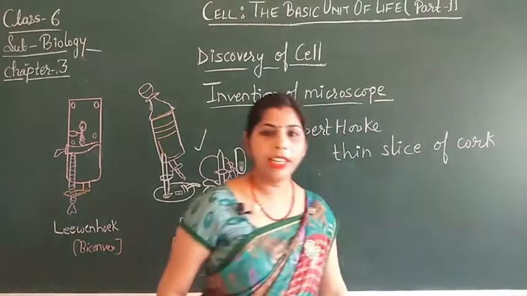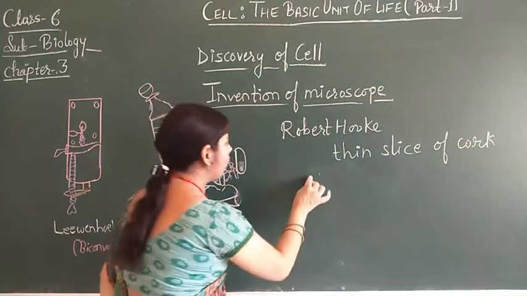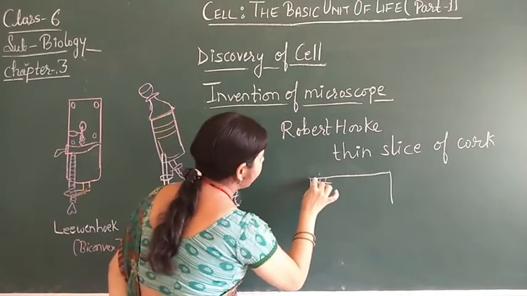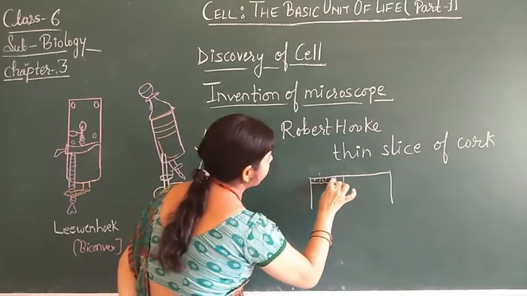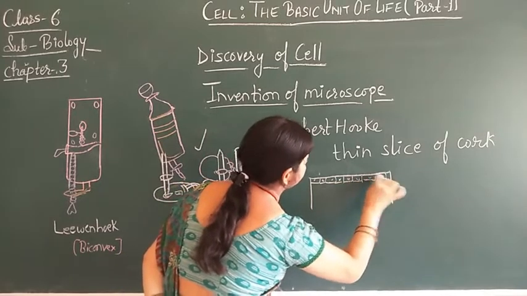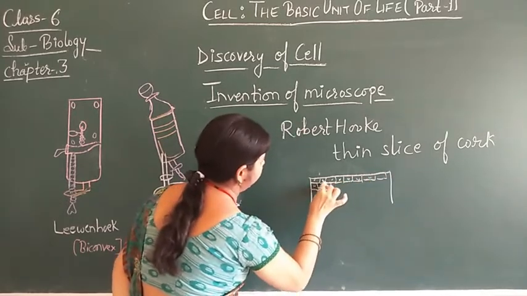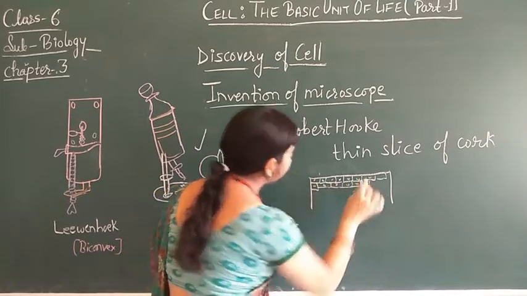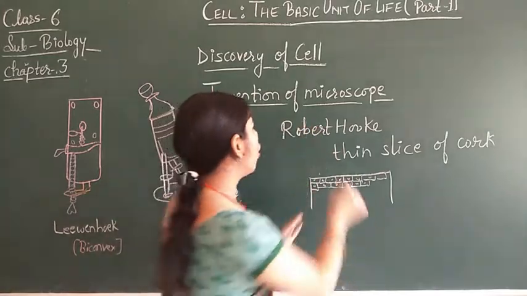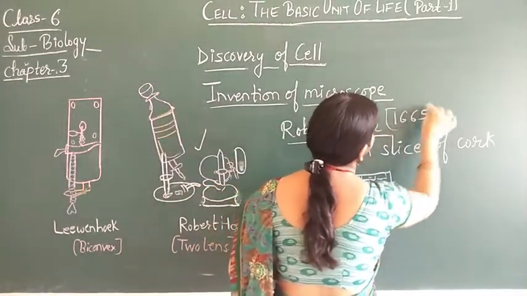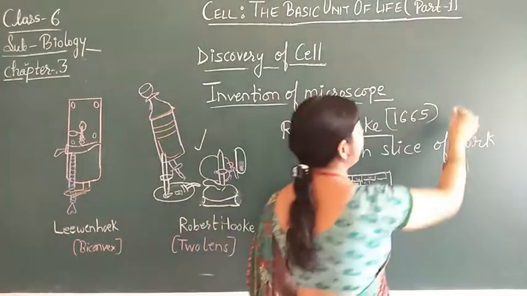When he studied the thin slice of cork under the microscope, he observed that it had a structure with a number of small rooms. For these small structures, Robert Hooke in 1665 gave the name cell.